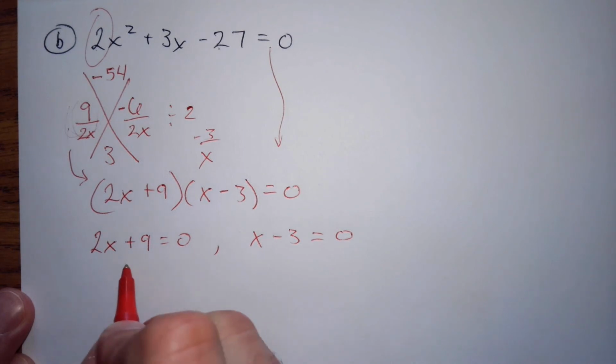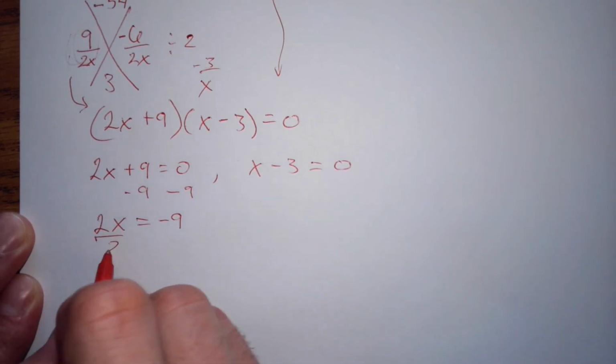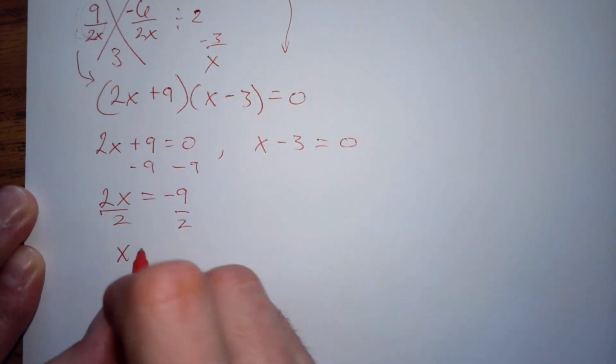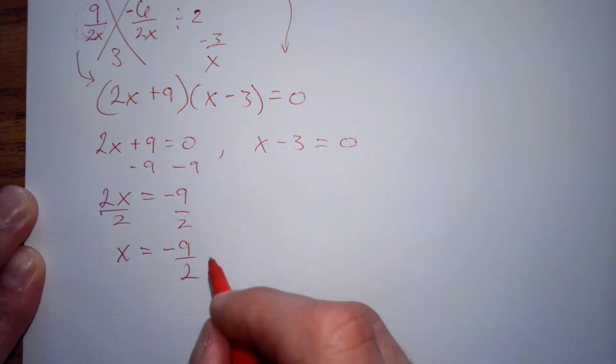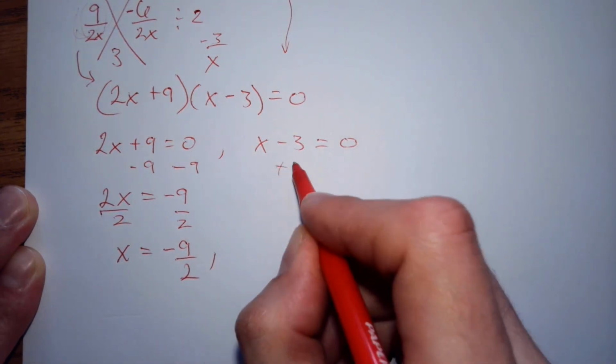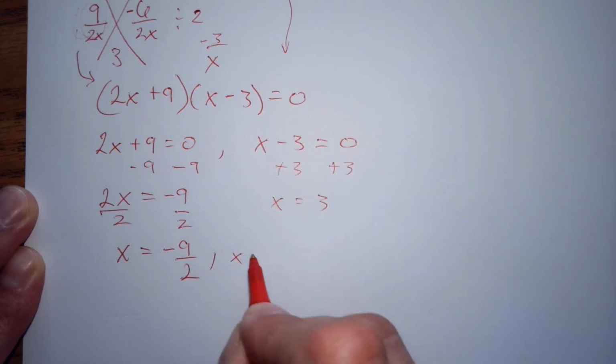So then I can solve this. Minus 9, 2x equals negative 9. x equals negative 9 over 2. And then plus 3, x equals 3.